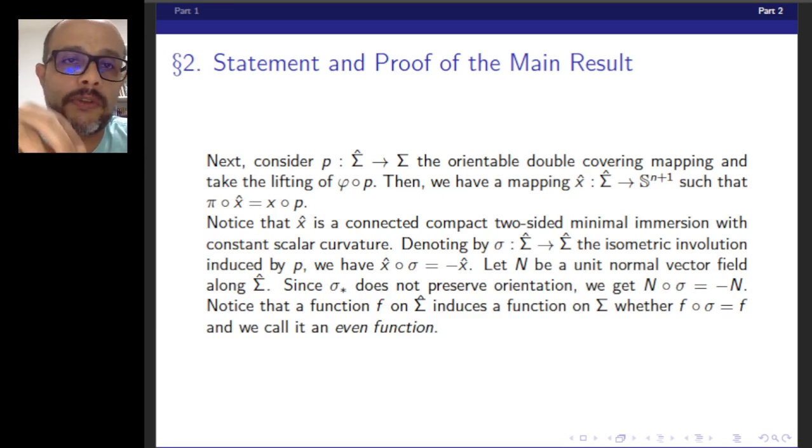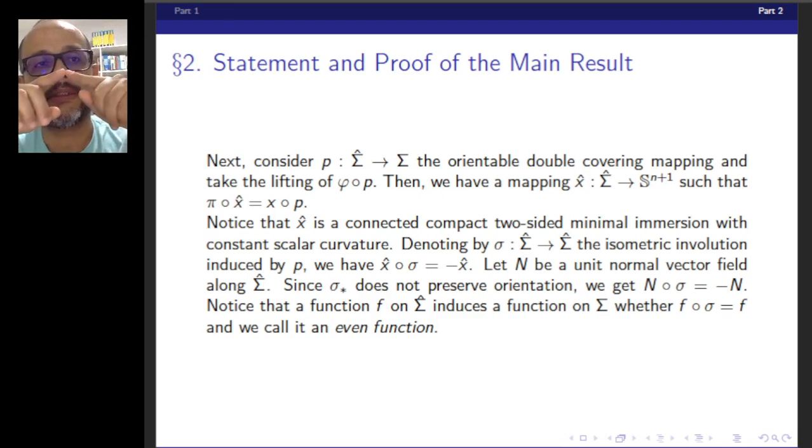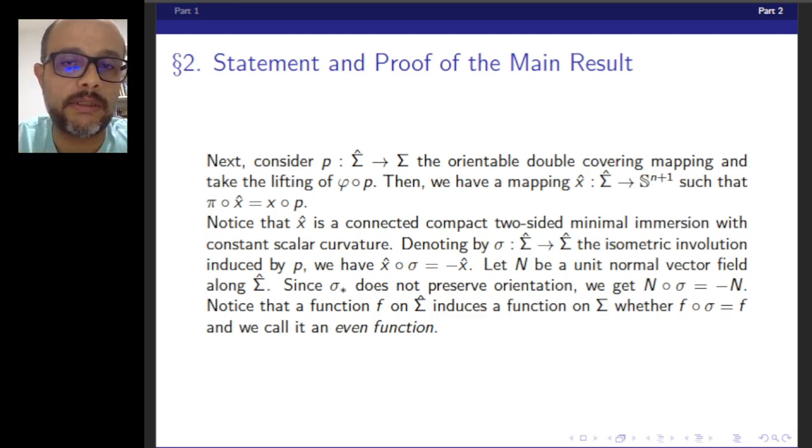It occurs because the metric in sigma hat is the metric induced by the projection P, and you can put now a metric in the lifting in such a way that the lifting is an isometric immersion, because the maps commute as I have said before.